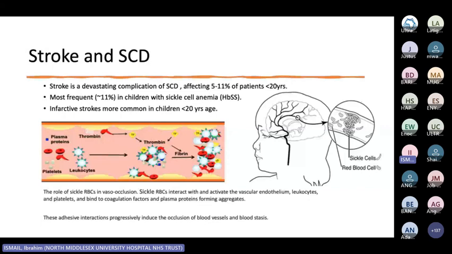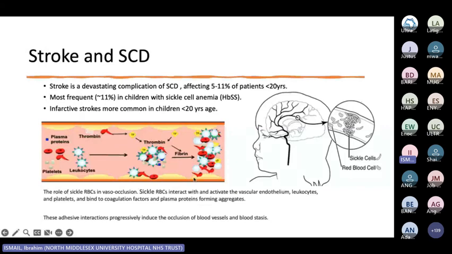So the role of sickle red blood cells in vascular occlusion, as you can see in the diagram here, is that the sickle red blood cells interact with and activate the vascular endothelium, leukocytes and platelets, and bind to coagulation factors and plasma proteins, forming aggregates.